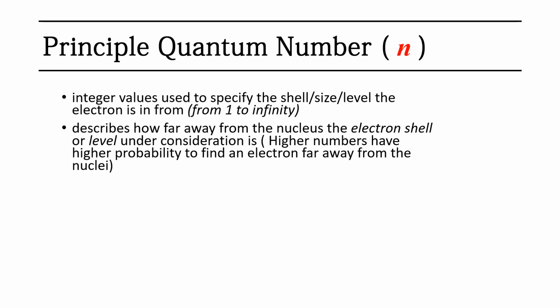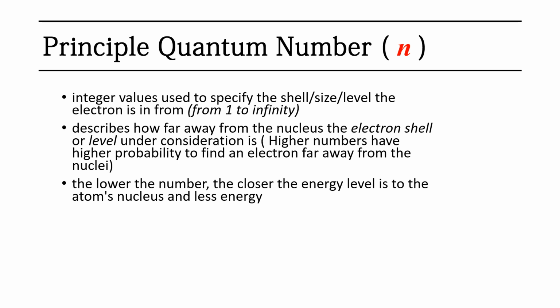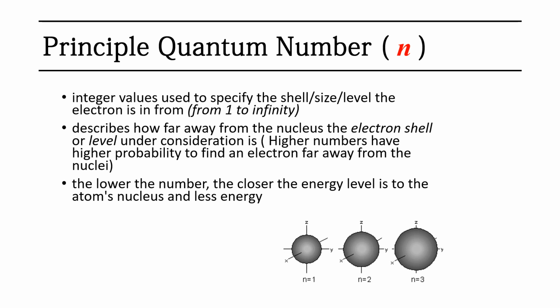For example, higher values of n have a higher probability of finding an electron far away from the nucleus, and similarly a lower number is closer to the nucleus, so there is a high probability of finding an electron close to the nucleus. These images represent the probability space in which an electron can be found for different quantum numbers.